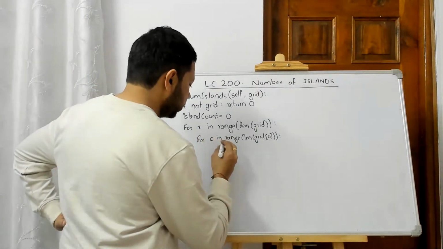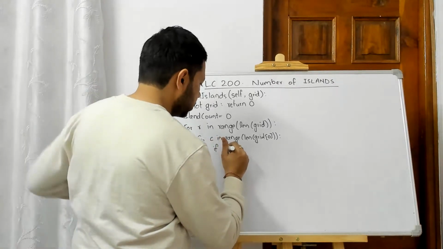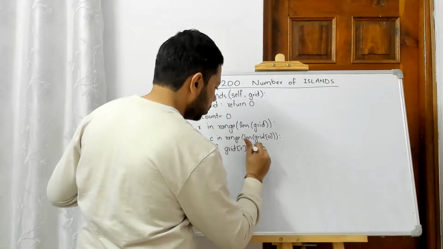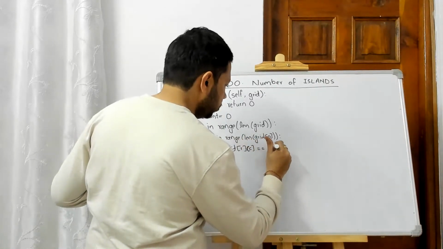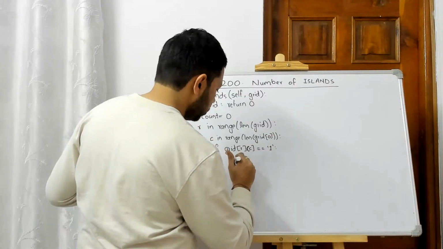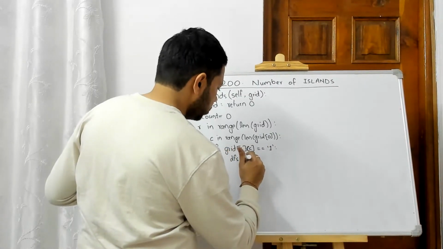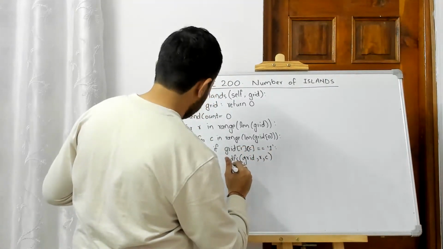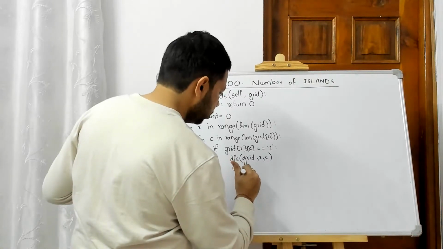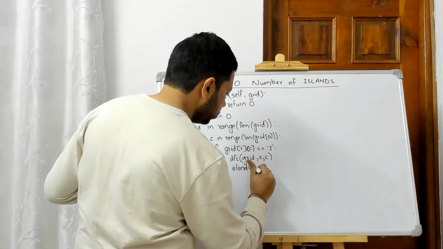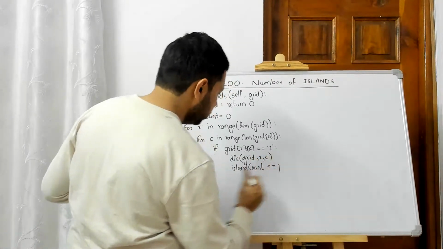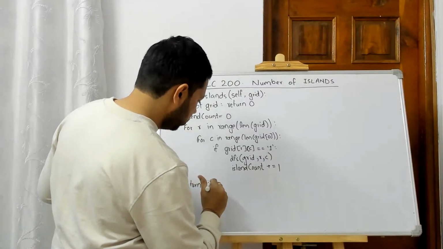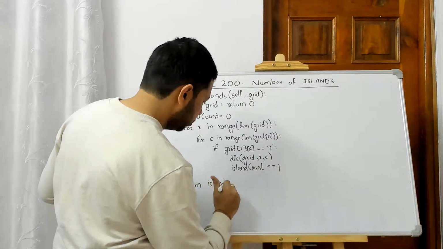If grid of row column is actually 1, then you do DFS grid, row and column, and once you find such a node, you do island count plus equal to 1, and then you can return island count.